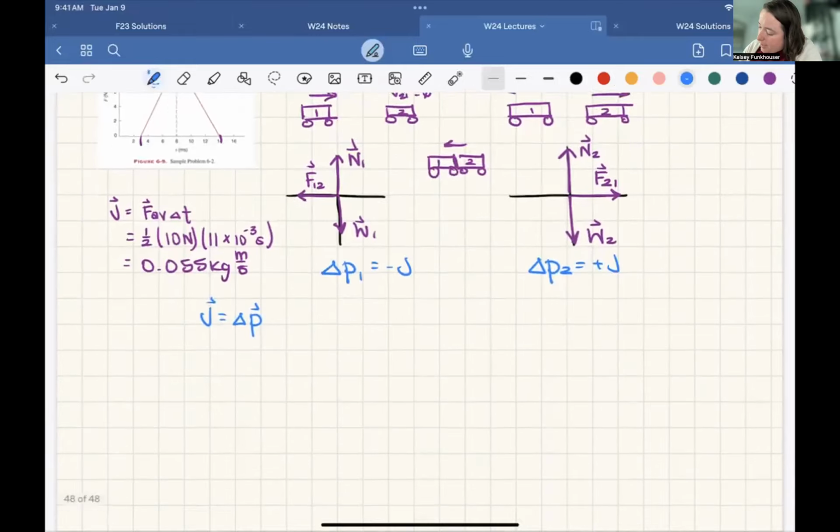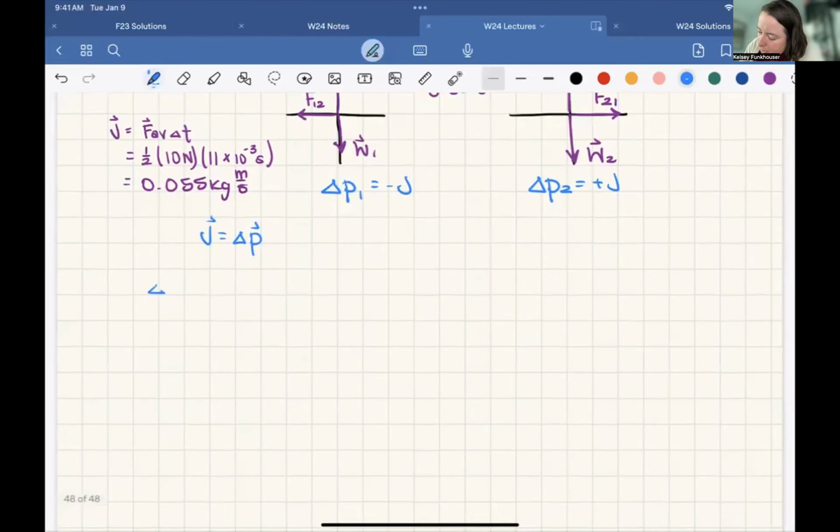So let's look at cart 1. The change in momentum of cart 1 is just the final momentum minus the initial momentum. And let's rearrange this to solve for the final momentum. So we'll just add the initial momentum to both sides. That gives us the final equals the change in momentum, or the impulse, plus the initial.